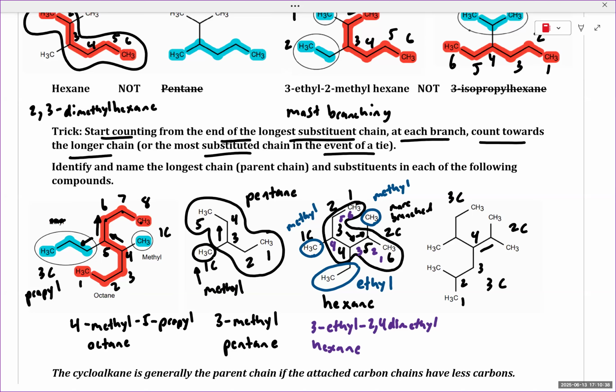Okay, now we have a choice. We can count right or left. 3 is much bigger than 2, so we're going to count to the left. 5, 6, 7. Okay, so in this case, we have a 7 carbon main chain.